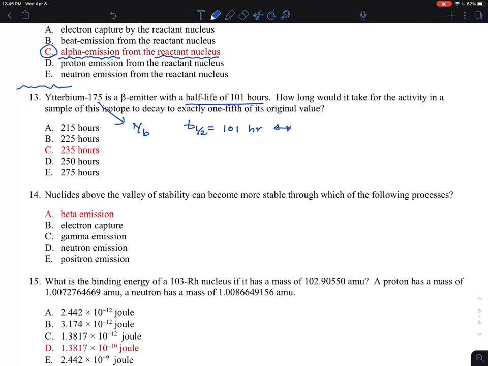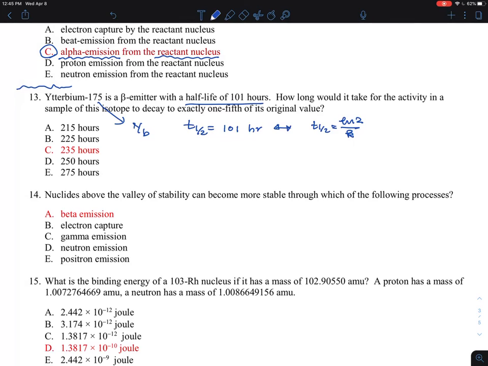This is the first order decay, the half-life versus the rate constant equation. So you're going to copy and write it down. Half-life is ln 2 over K. And so that's something that gives you information about K once you know your half-life.